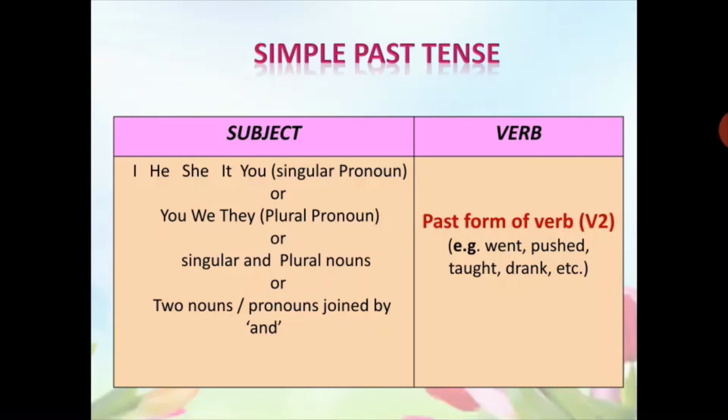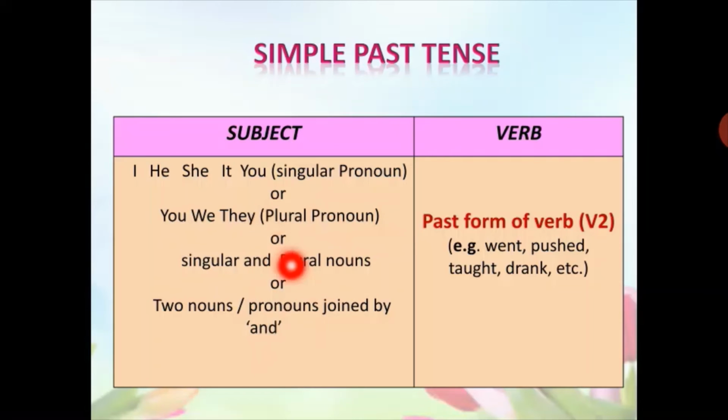Simple past tense. In simple past tense, we use the past form of verb, that is V2. And this form of verb is used with all types of subjects, whether they are singular pronoun, plural pronoun, or singular or plural nouns, or when two nouns or pronouns are joined by and.